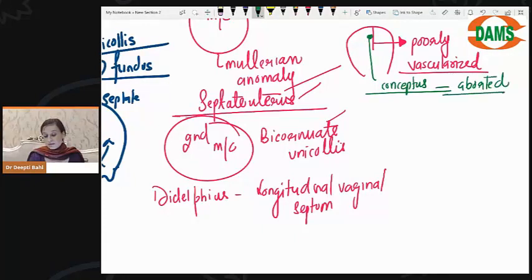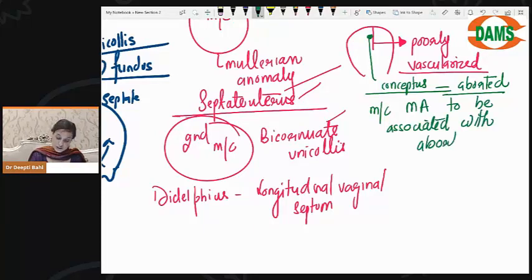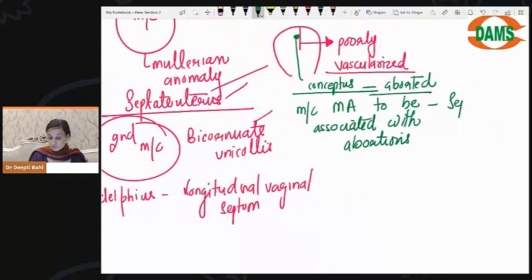So please remember, the most common Mullerian anomaly to be associated with abortions is going to be septate uterus. Why? Because it is the most common. So obviously it is also the one most commonly associated with abortions.